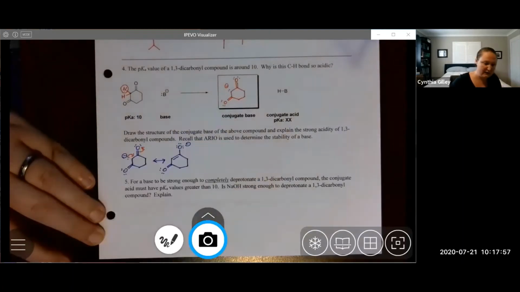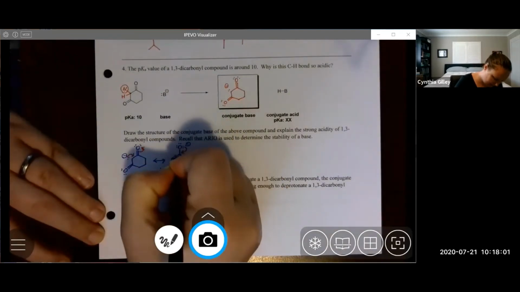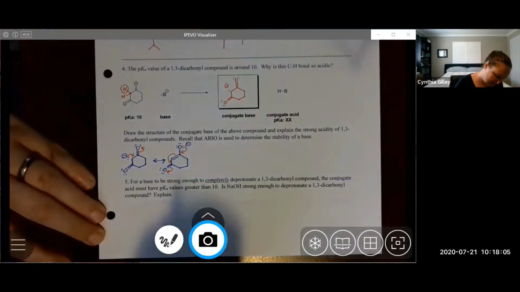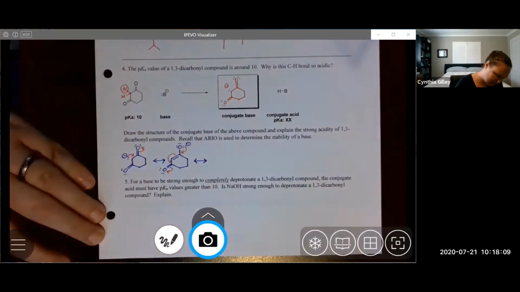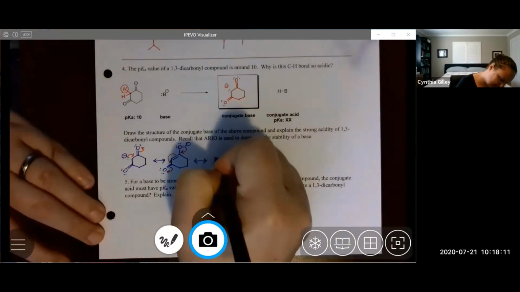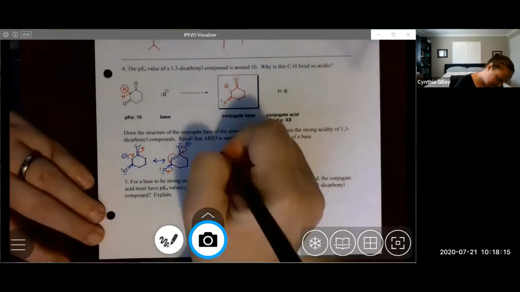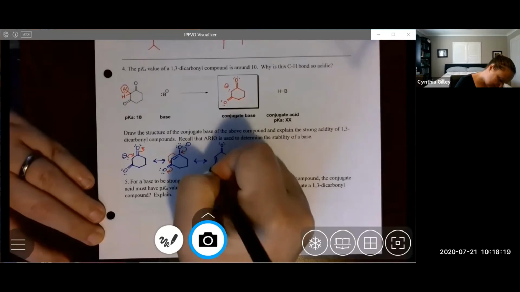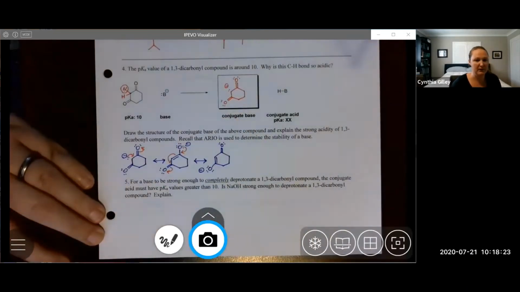And then we can also push electrons all the way to the other oxygen. So it's more resonance stabilized when there's two carbonyls versus only one. So that's going to make those protons even more acidic, since the conjugate base is more stable with the three resonance contributors.